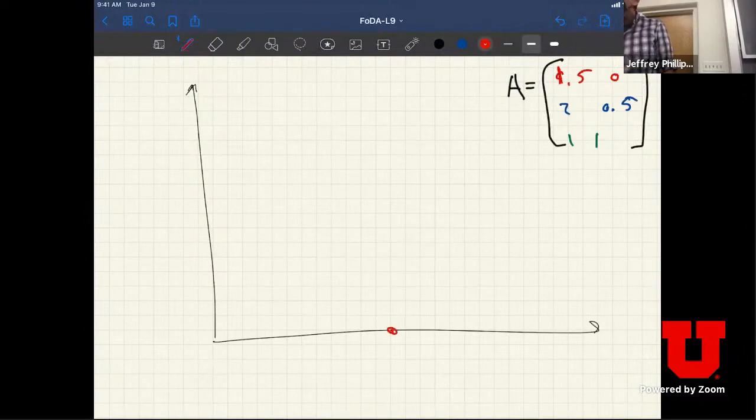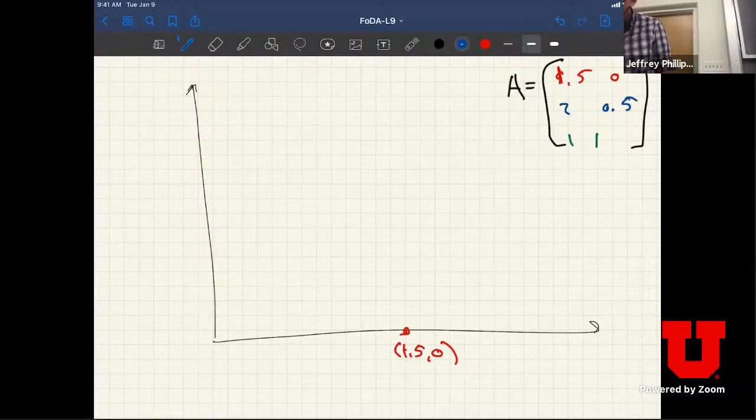1.5, 0, so the x coordinate 1.5. This is going to be 1.5, 0. The blue one is going to be 2, then 0.5.